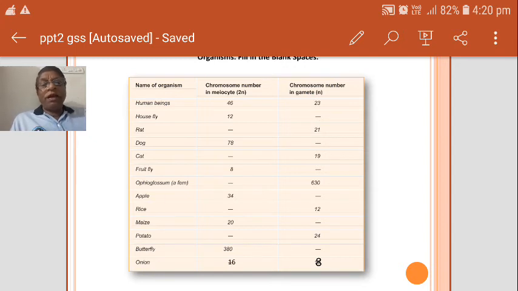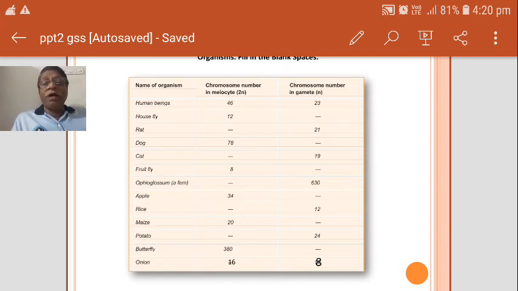Okay. What about onion? Look here. In your textbook, the wrong number is given. In case of onion, the meiocyte or diploid number is 16.